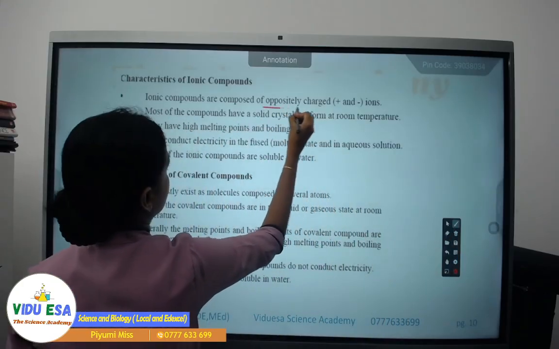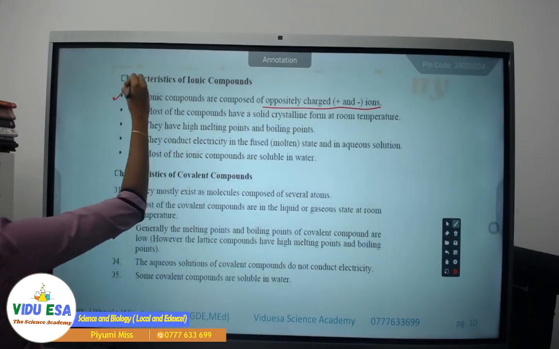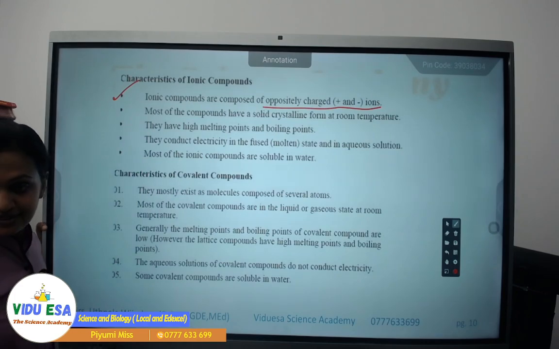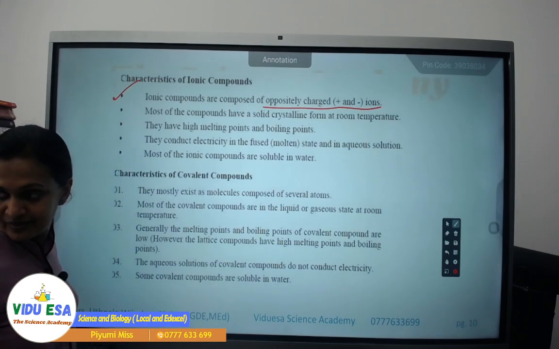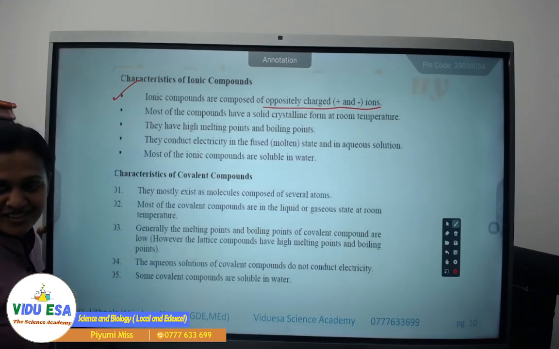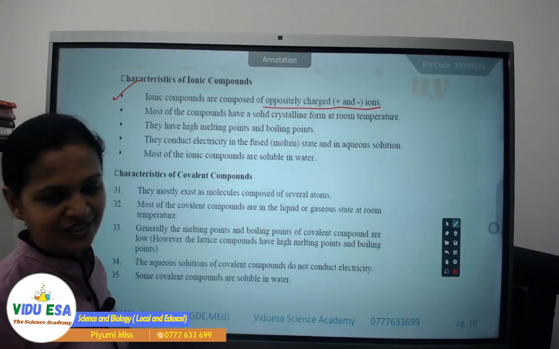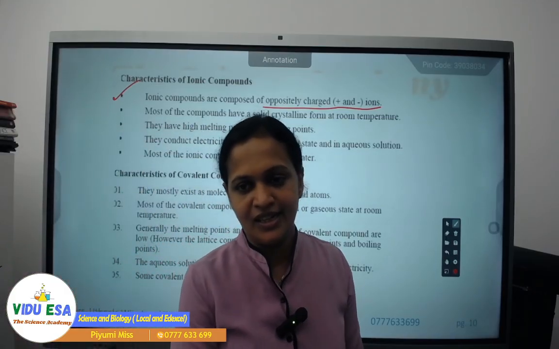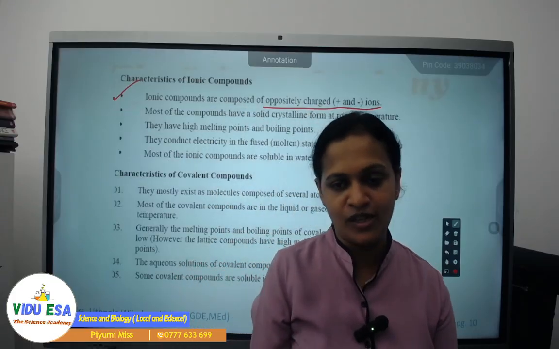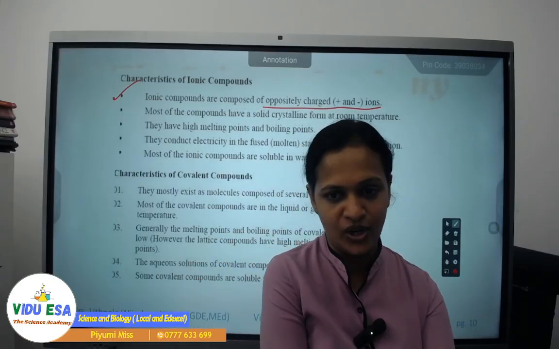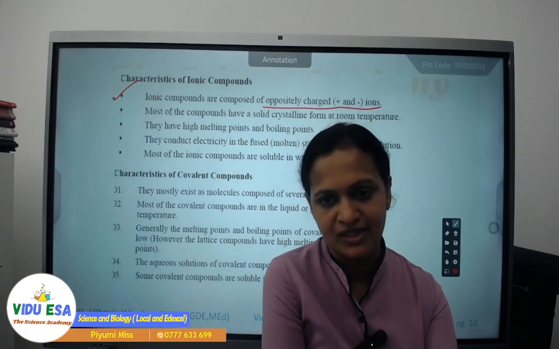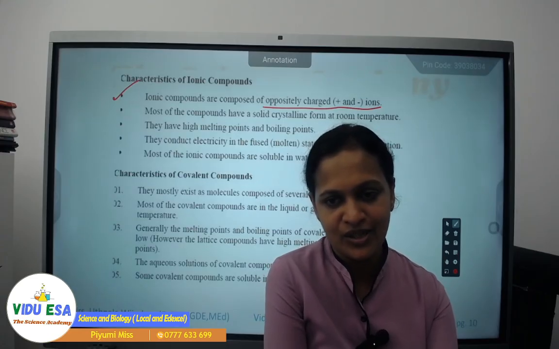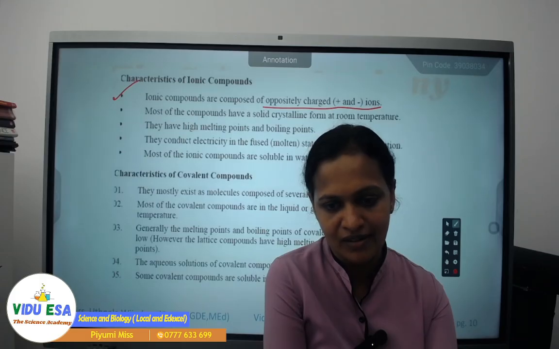Oppositely charged ions. Excuse me, teacher. Yes. Teacher, I had a connection issue. Did you tell about the conclusion? Yes, I asked the others to write the conclusion alone. I mentioned salt solution and copper sulfate solution contain ionic bonds, and sugar solution and distilled water have covalent bonds.